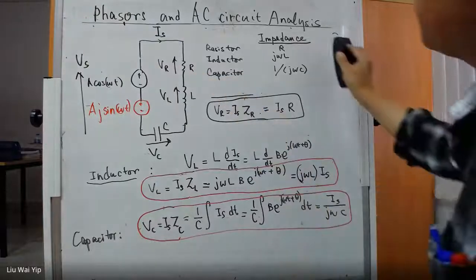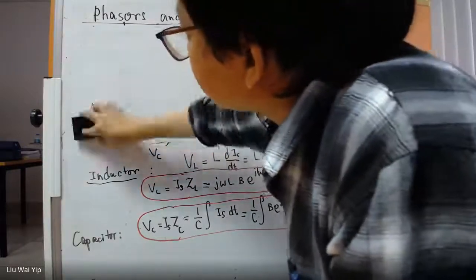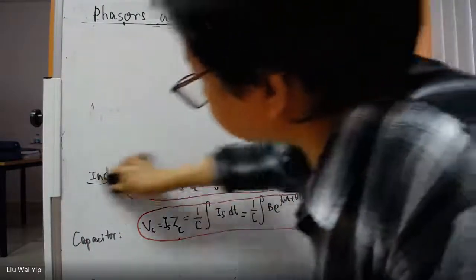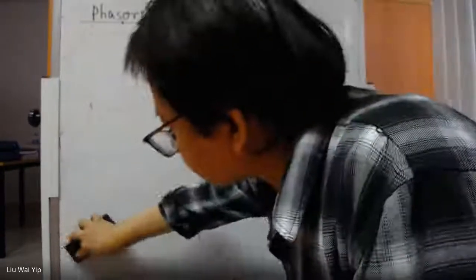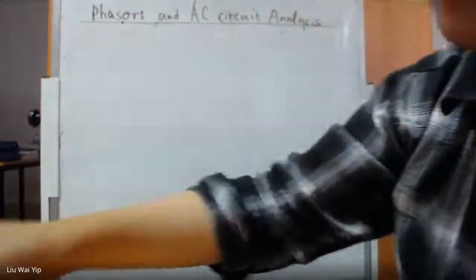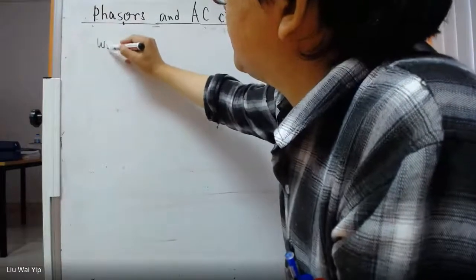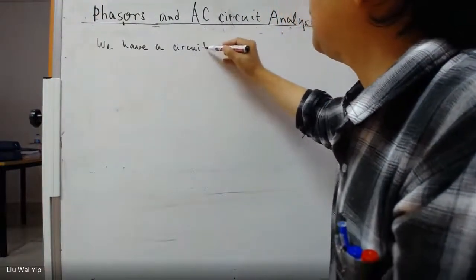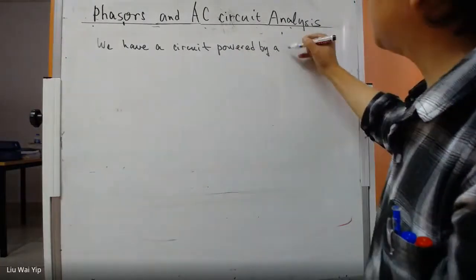Let's say we have a circuit, something like this, powered by a household electricity supply.